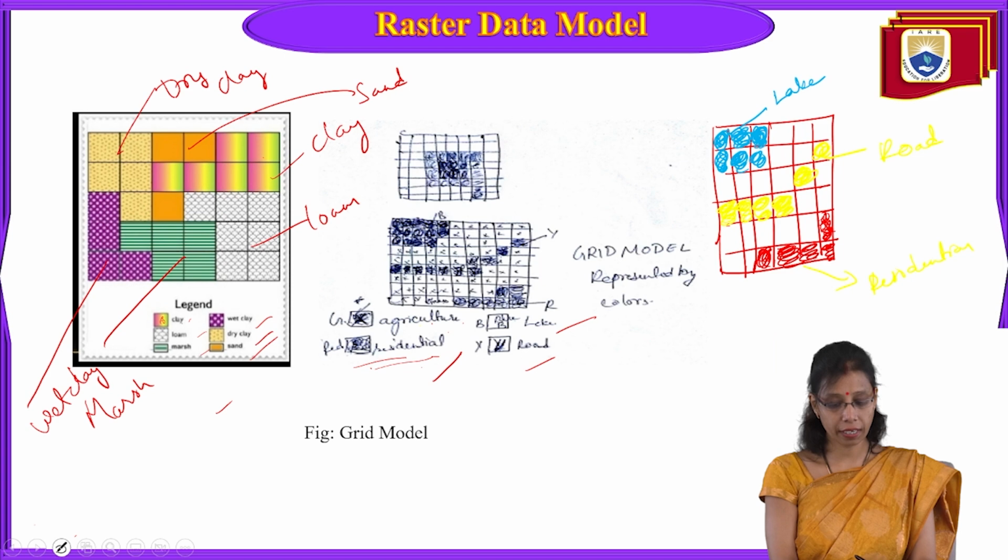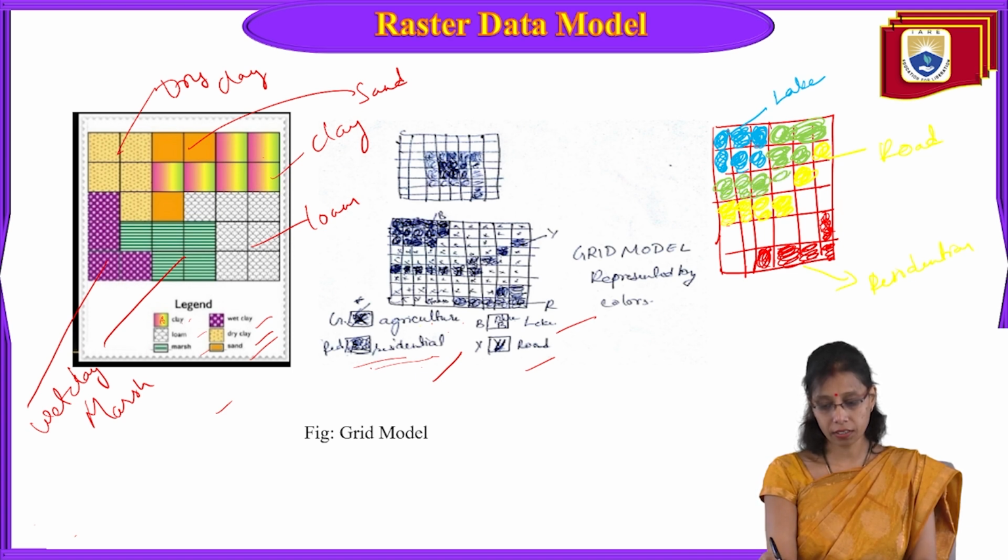If I want to show the leftover agriculture, I may show it in the green color, right? So we can convert all of this to green color. If I cover all these grids, all these grids will be converted to agriculture.